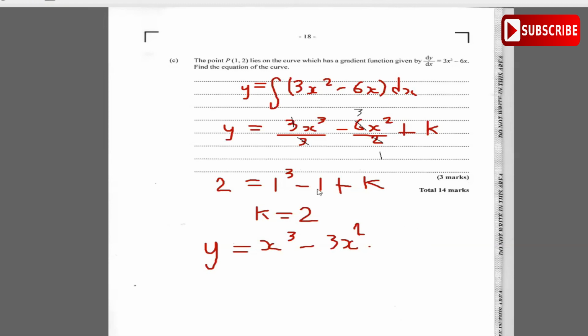3 times 1 is not 1. 3 times 1 is 3. And so we have 1 cubed minus 3, which is 1 minus 3. And 1 minus 3 is negative 2. Then we can carry over the negative 2 to get plus 4. The k is plus 4.